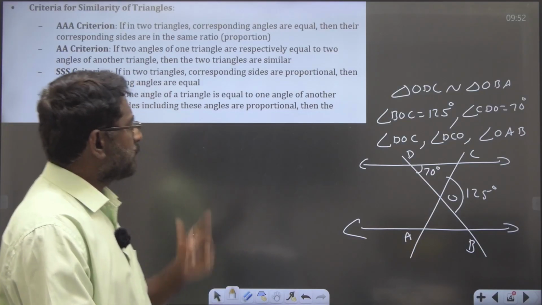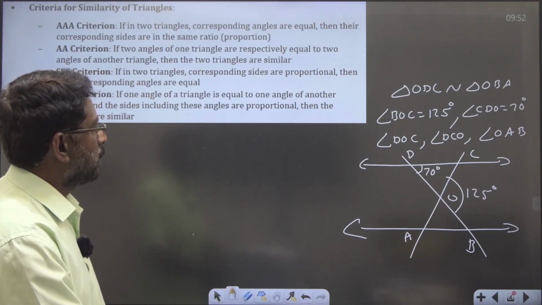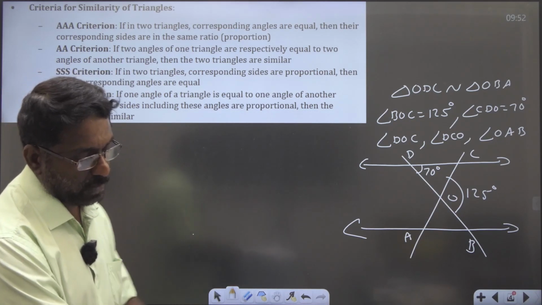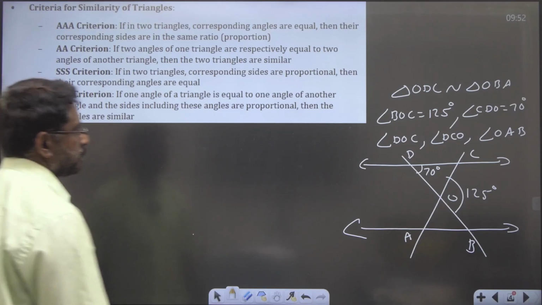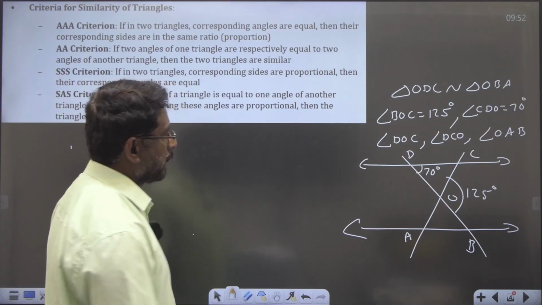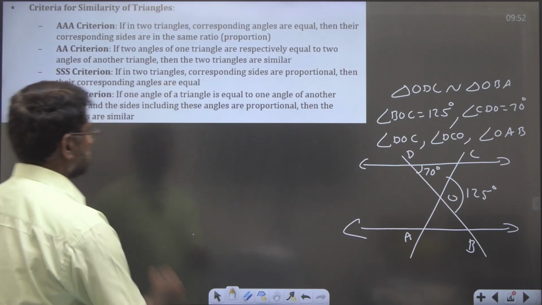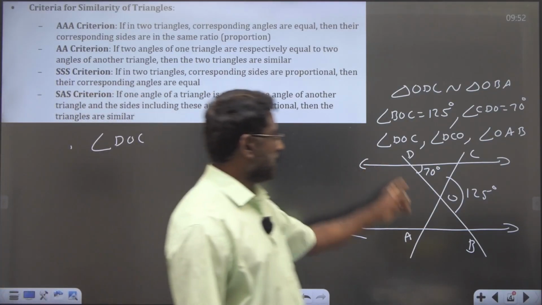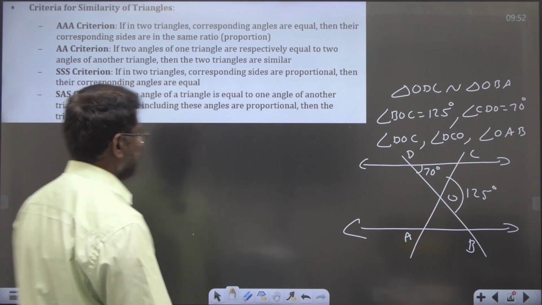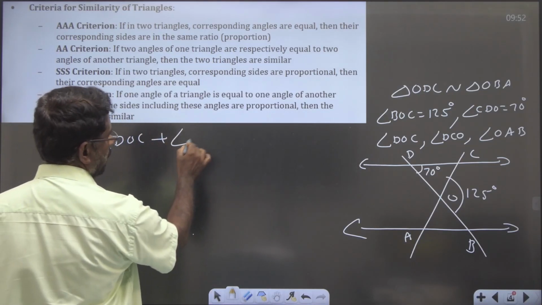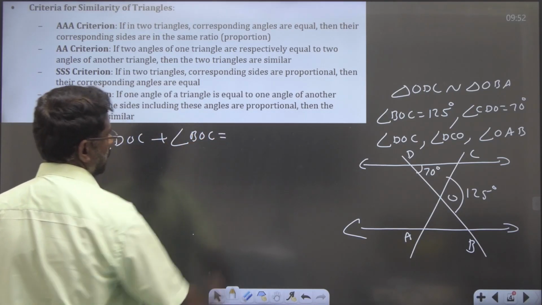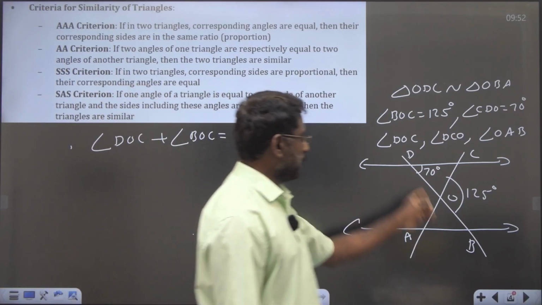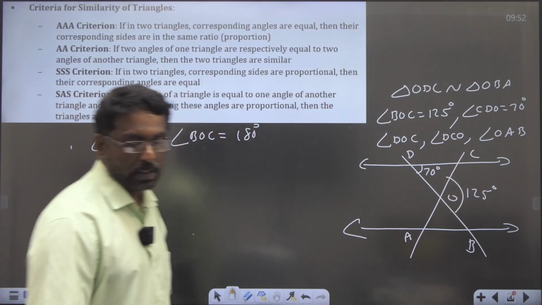Okay, it's a very simple question, but a previous board examination question. So from the figure it is very clear that angle DOC plus angle BOC is equal to 180 degree.